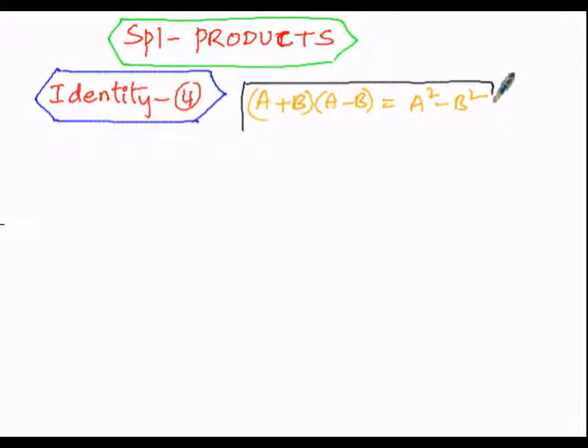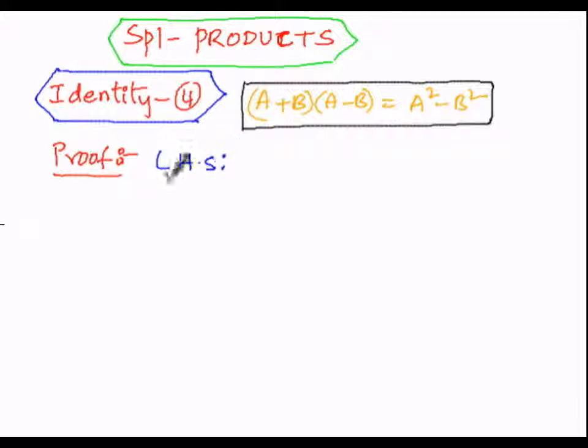First of all, let us prove it by means of the algebraical method. Now the proof starts. In our proof, I am going to take the LHS quantity, which is nothing but (a plus b) into (a minus b).